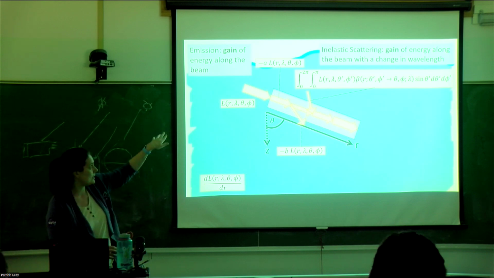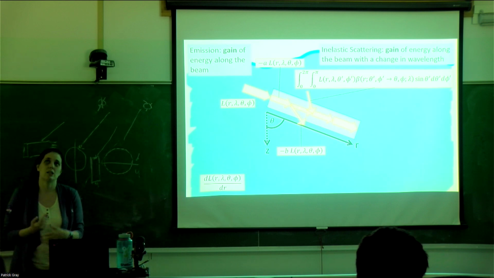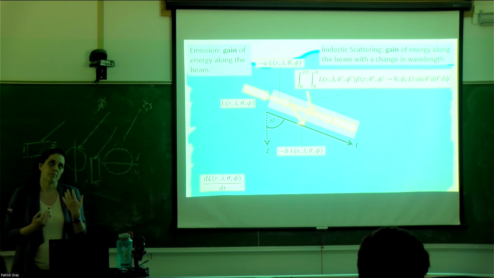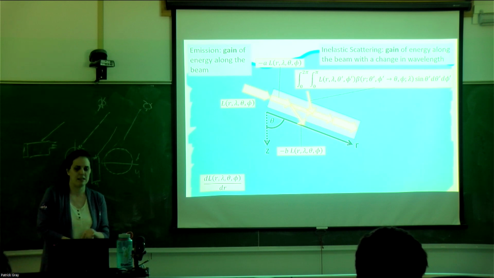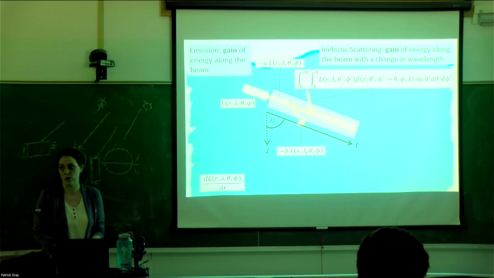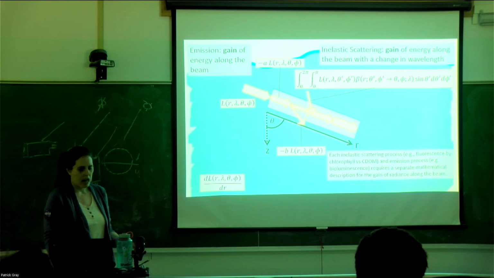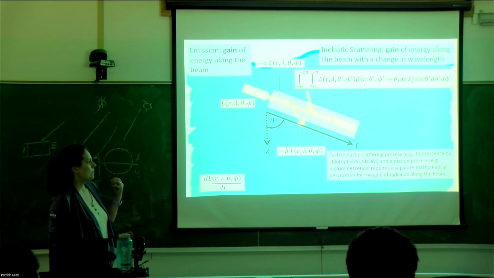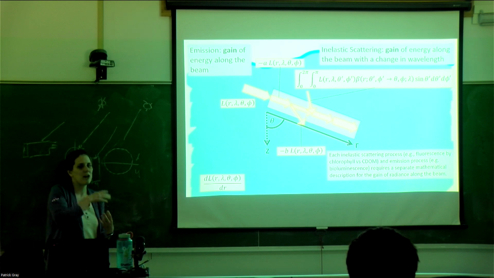But there's actually a bunch of different processes by which photons can be emitted or inelastically scattered. So fluorescence due to chlorophyll or fluorescence due to CDOM or bioluminescence. And each of these different processes actually requires a separate mathematical description to describe that gain of radiance along the path.